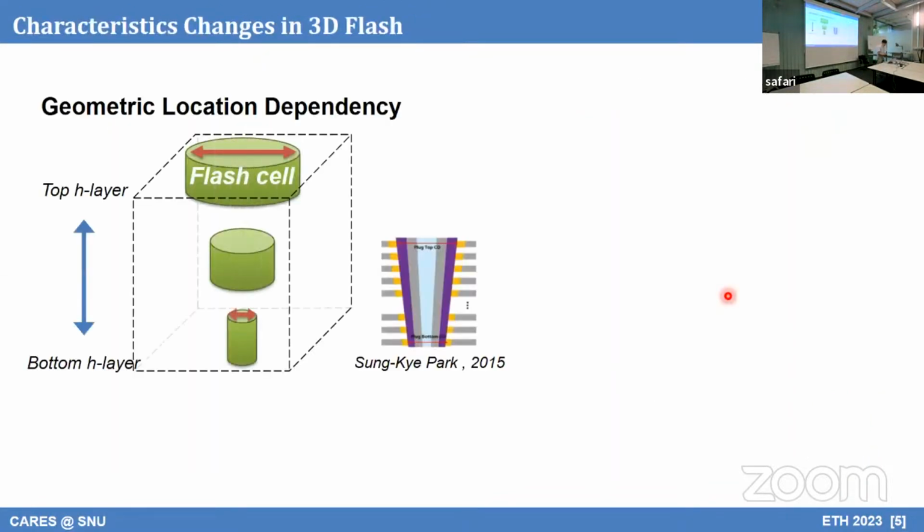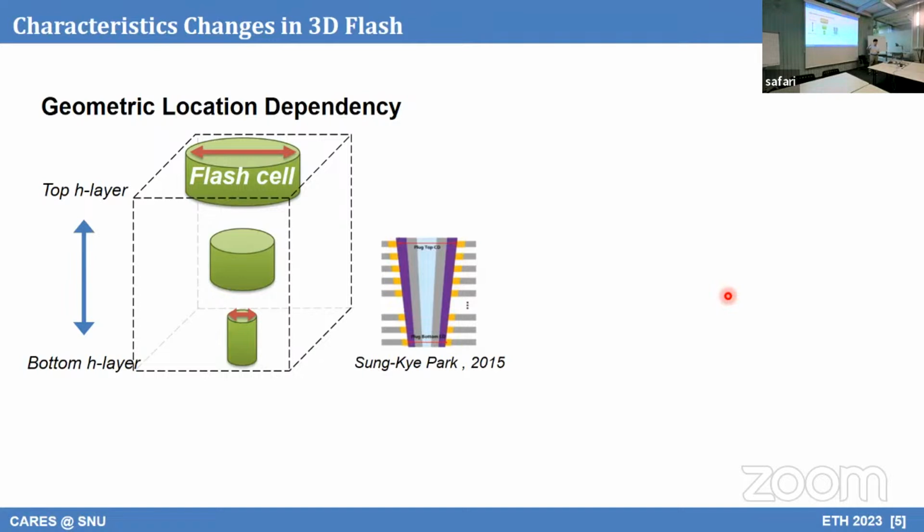And also in 3D flash, there are changes in the manufacturing process and materials, and there are big reliability characteristic changes. When you manufacture 3D flash memory, you stack cells and then make a big hole, and making a hole with uniform diameter is very difficult.